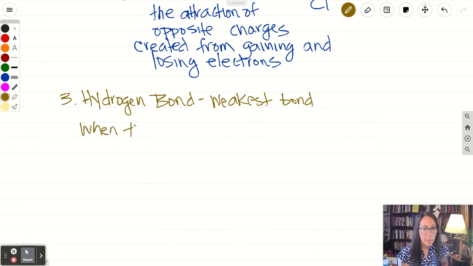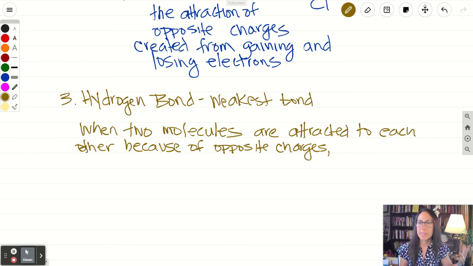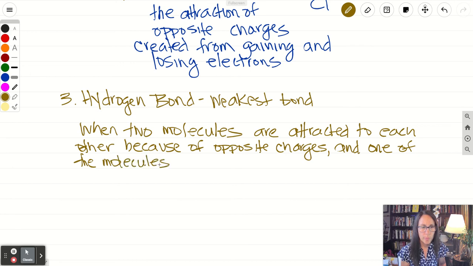When two molecules are attracted to each other because of opposite charges, and one of the molecules has a hydrogen. That's an official definition of a hydrogen bond.